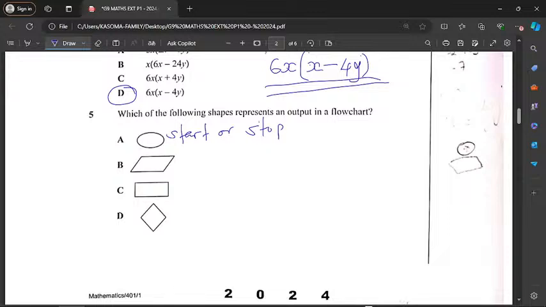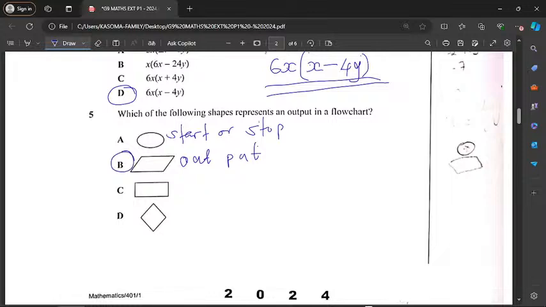Okay, then B, which is a parallelogram. A parallelogram is a symbol of output. So the question is, which of the following shapes represents an output? So we know that is B.